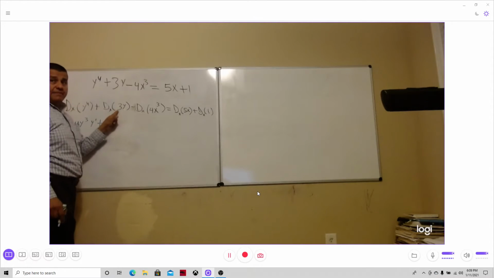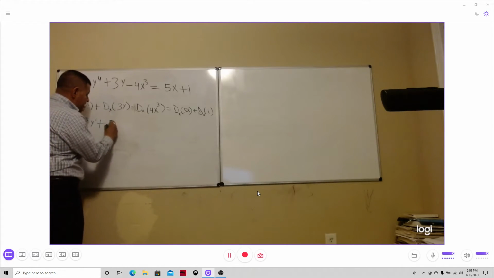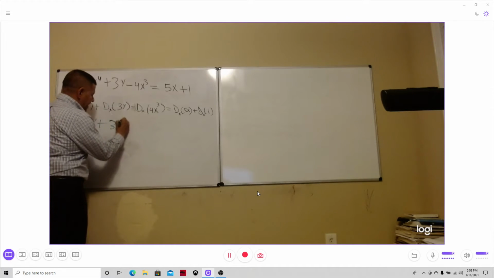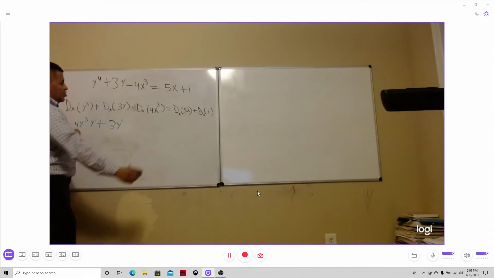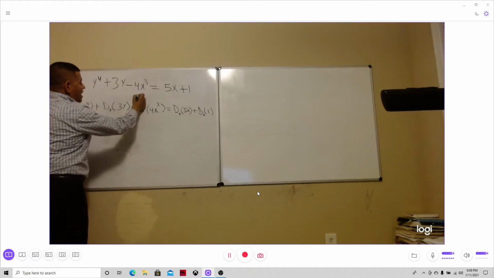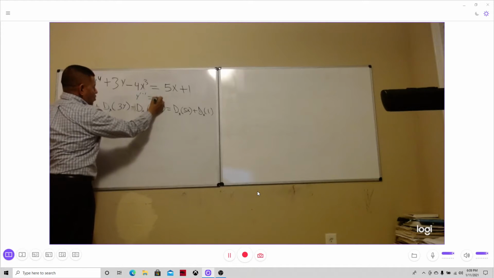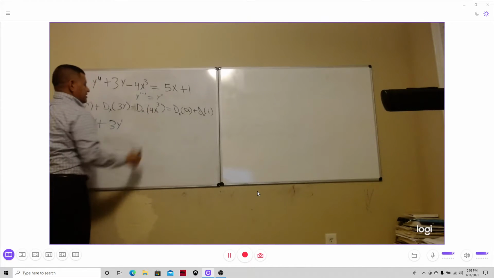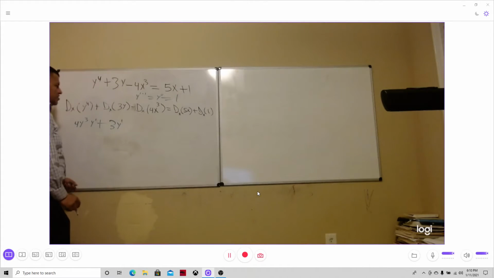But remember, you're still keeping the 3. That is the kind of tricky part on this. I am still keeping the coefficient. So I will put 3 y prime, right? Because I take the derivative of that. So it's like saying y to the 1 power, y to the 1 power minus 1, which is equal to y to the 0 power, right? And any number to the 0 power is equal to 1, right?